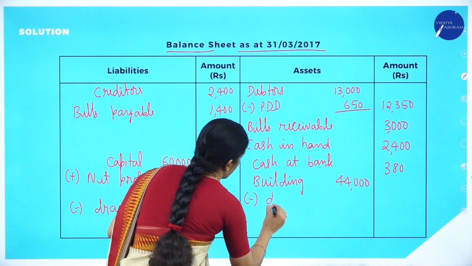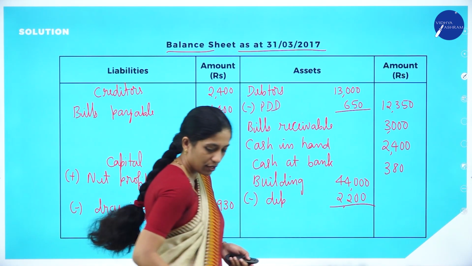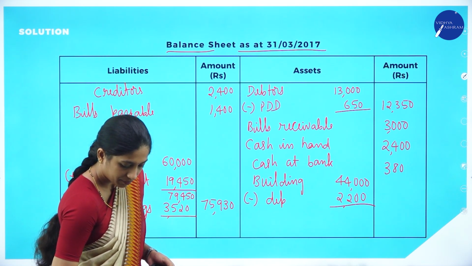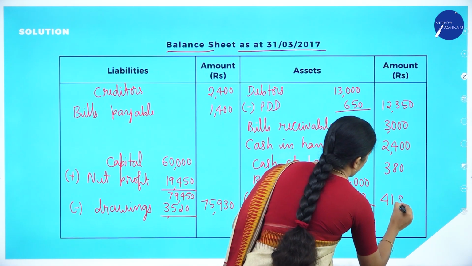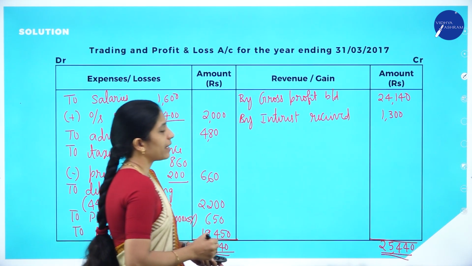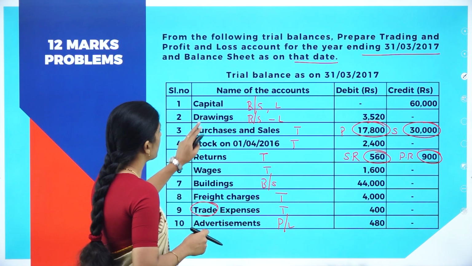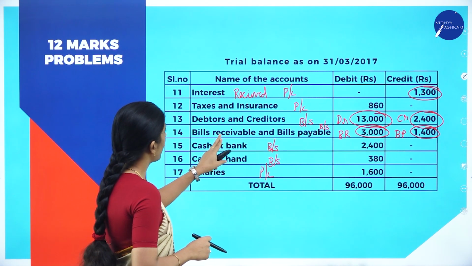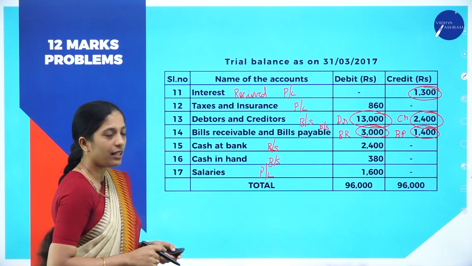So 44,000 minus 2,200, I'll get 41,800. So we are done with the trial balance. Once again we shall recheck. So capital, drawings done, buildings done, and next we have bills receivable, bills payable, debtors and creditors, cash at bank, cash in hand done.